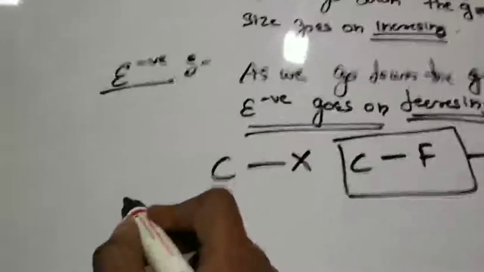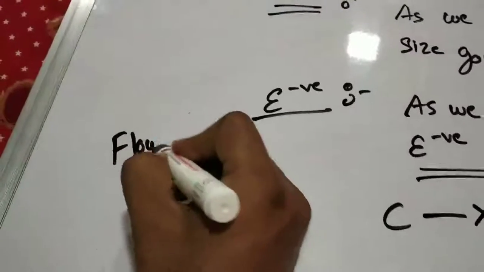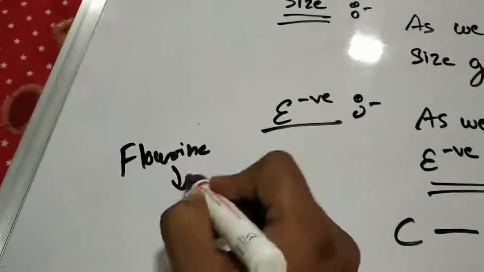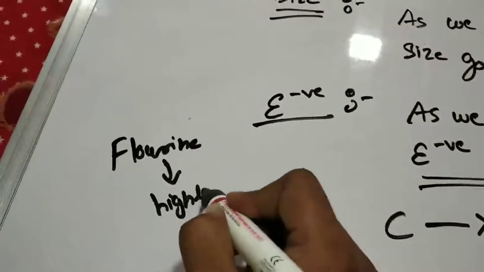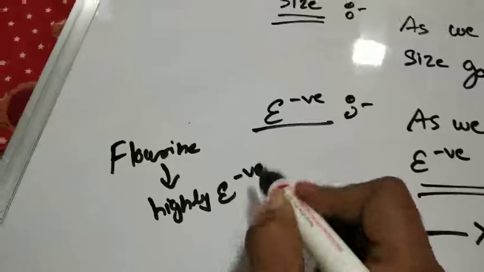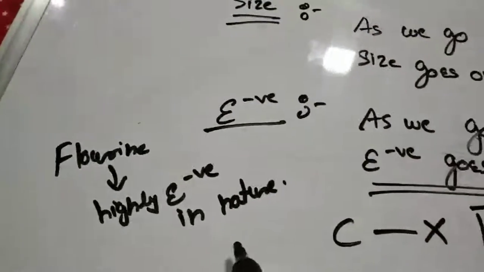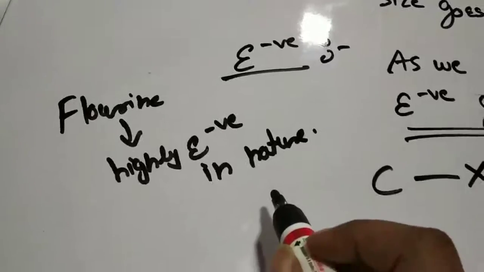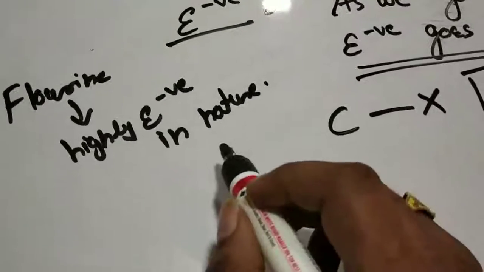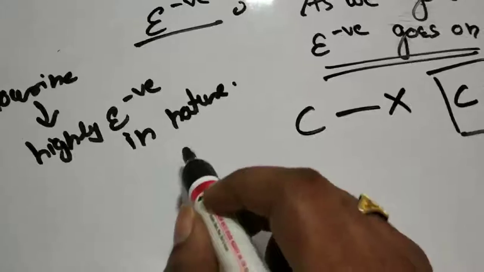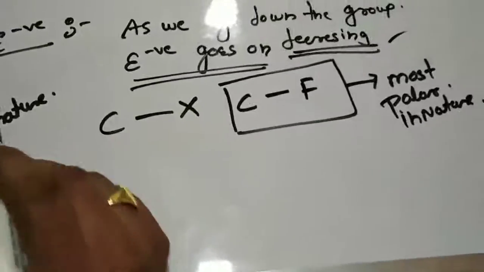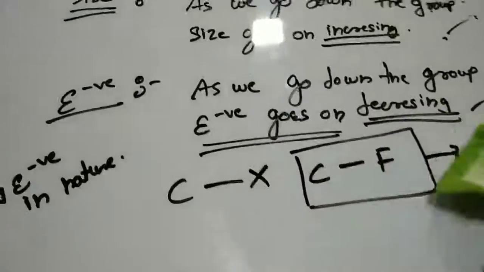Because fluorine is highly electronegative in nature. So you have to remember that the one which is highly electronegative will be the most polar, right? I hope that you might have understood this.